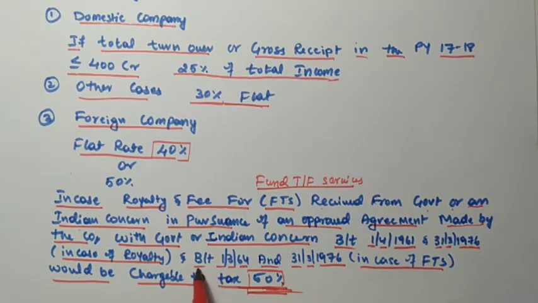If it is made with an agreement between 1/3/64 and 31st March 1976 in case of FTS, fund transfer service, and 1/4/1961 and 31st March 1976 in case of royalty.